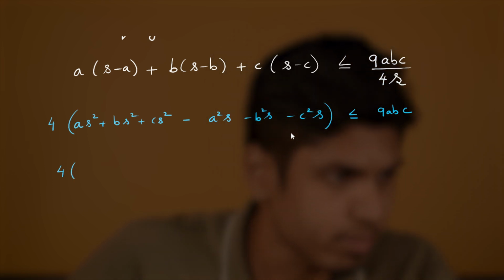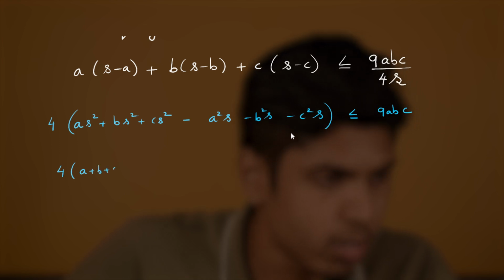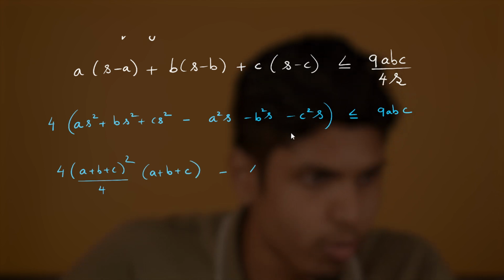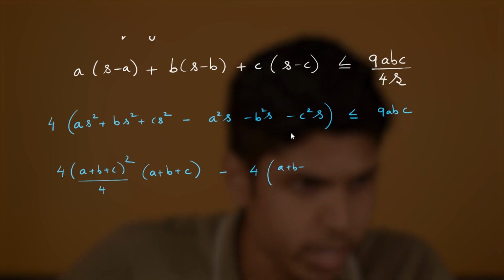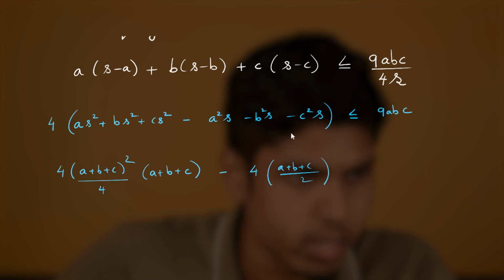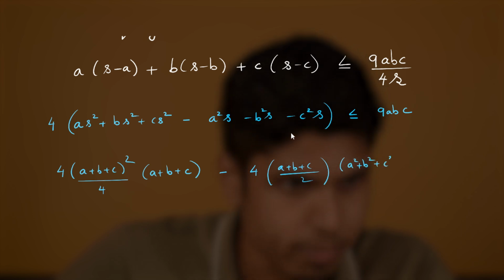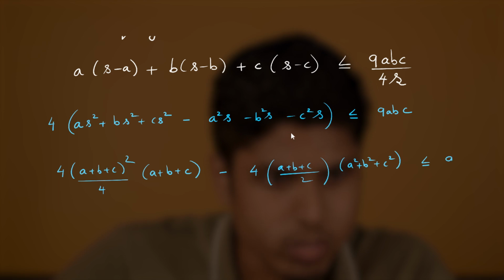So that is just (a plus b plus c) the whole square by 4 times (a plus b plus c) minus 4 times s, which would be (a plus b plus c) by 2 times (a square plus b square plus c square), is less than or equal to 9abc.